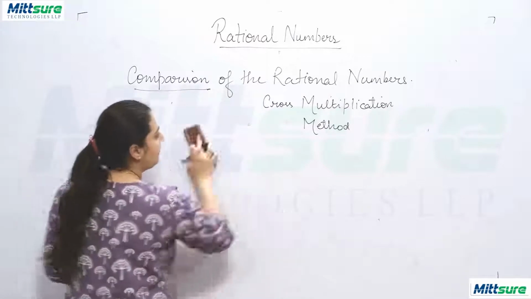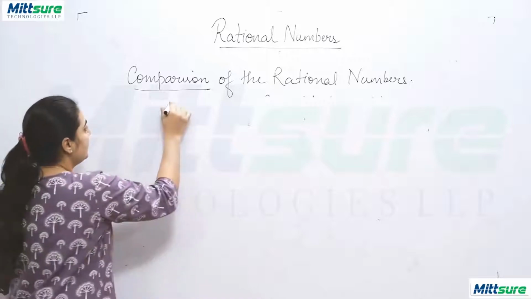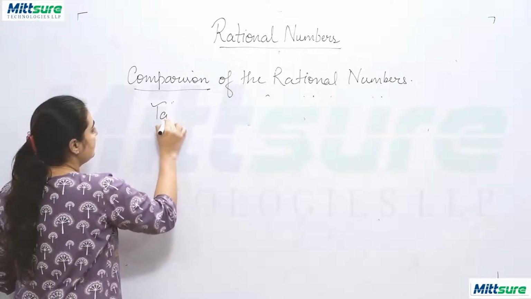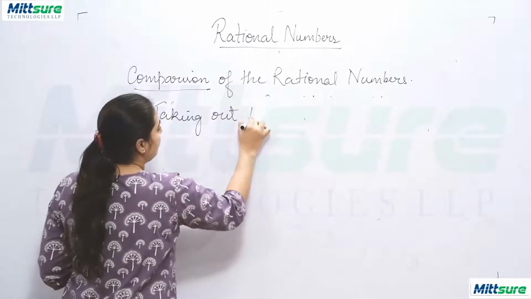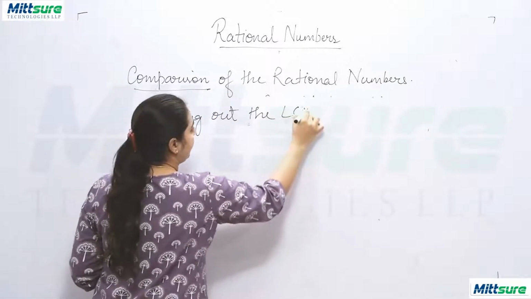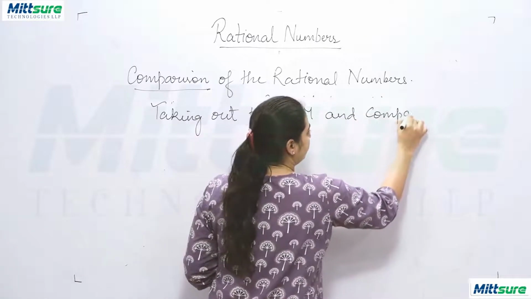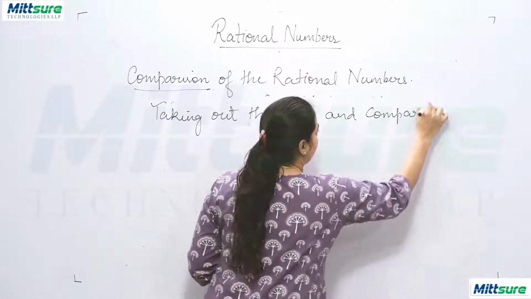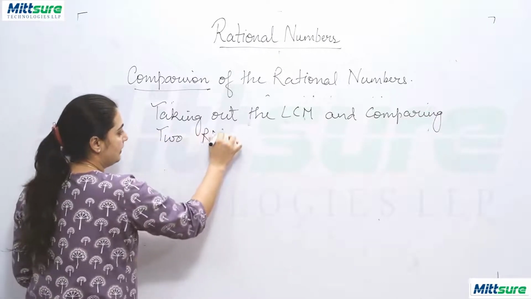Okay, taking out the LCM of the given rational numbers and comparing the two rational numbers.